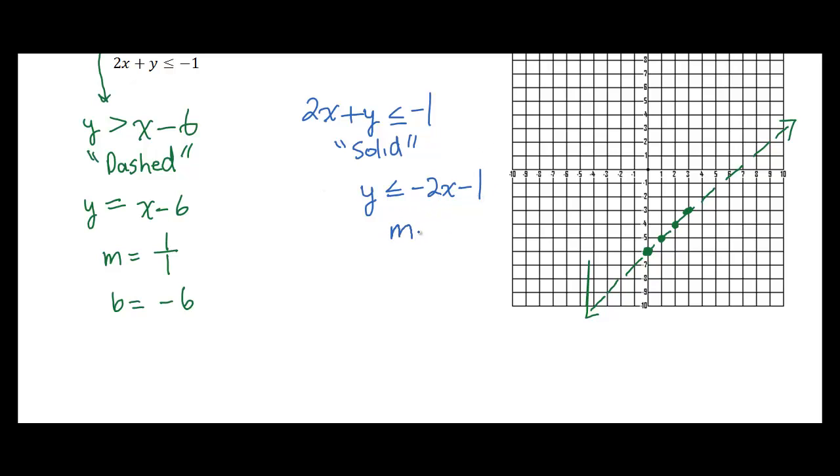Which has a slope of negative 2, or you can say negative 2 over 1. And a y-intercept at negative 1. So here, at negative 1 on my y-axis, I'm going to go down 2 to the right 1. Down 2 to the right 1. Or I can go up 2 and to the left 1. And I'm going to actually have a solid line this time.